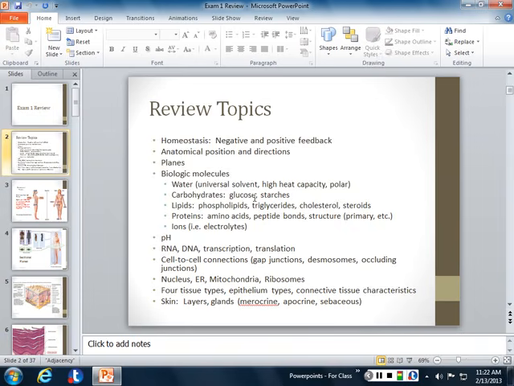So that's where RNA comes in. RNA copies the recipe, takes it out into the cytosol, and then attaches to a ribosome, and then that ribosome creates a protein matching that RNA recipe, which matches that DNA recipe. A couple of important words sound similar but are different. Transcription is the creation of RNA from a DNA template.